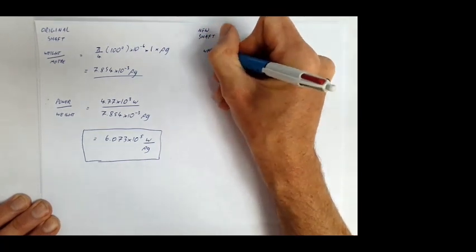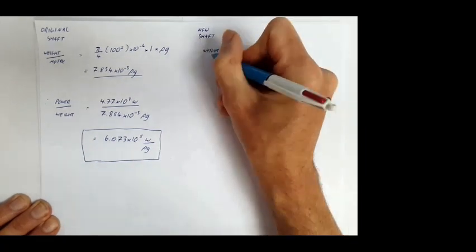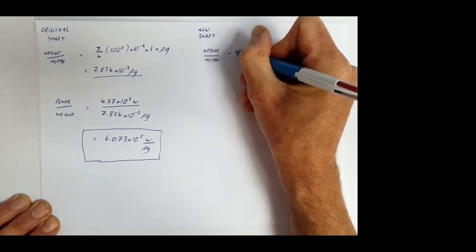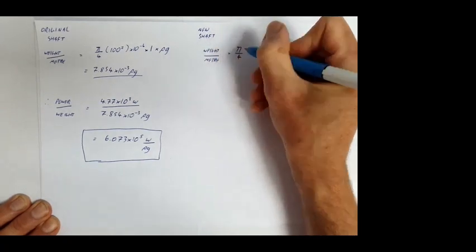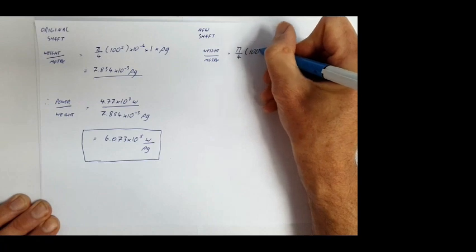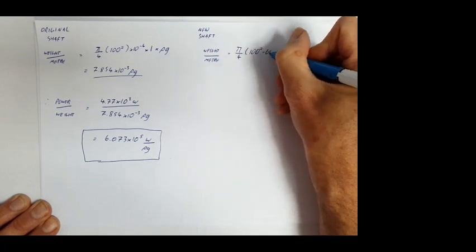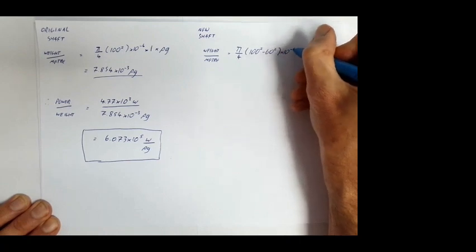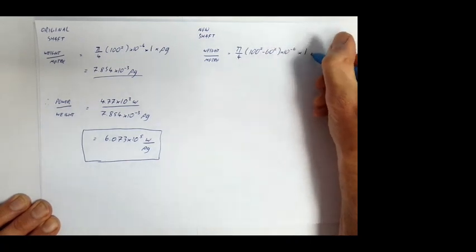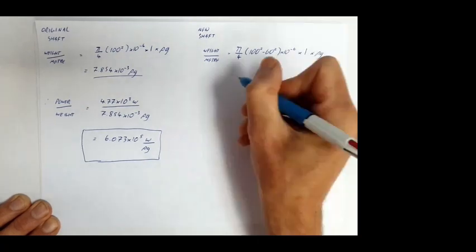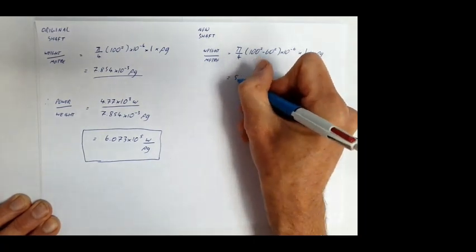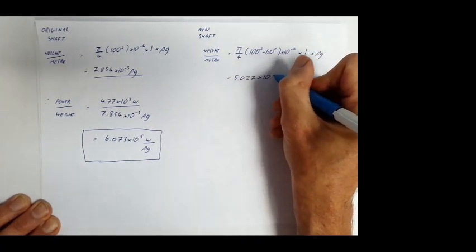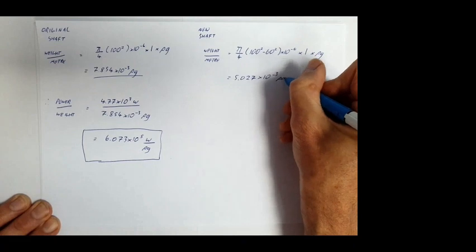So weight per meter equals pi over 4 times 100 squared minus 60 squared, times 10 to the minus 6, times by 1, times rho g, which gives me 5.027 times 10 to the minus 3 rho g.